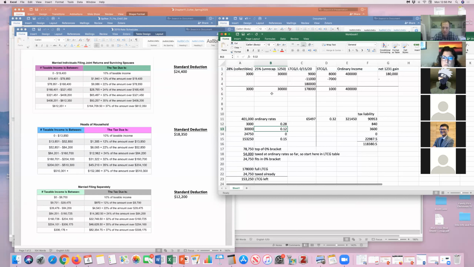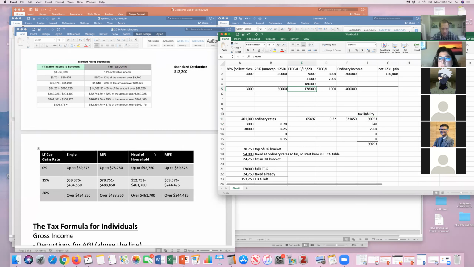It's going to be the same for this real estate unrecaptured 1250. It's going to be 25%, because 25% is lower than the 32% where they're at. All right, so I have my liability for those so far. Now I've still got this long-term capital gain.